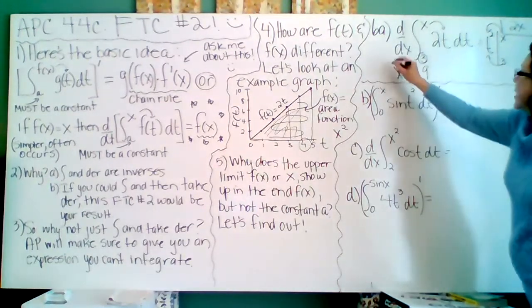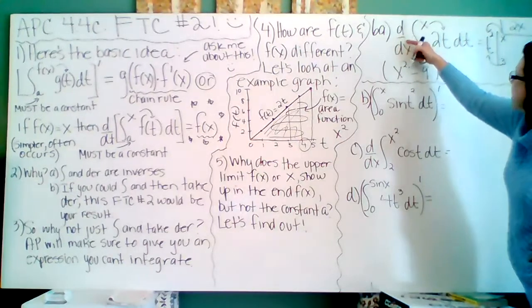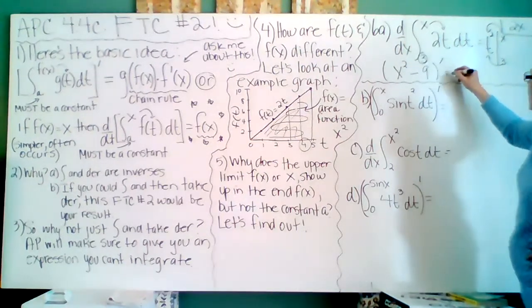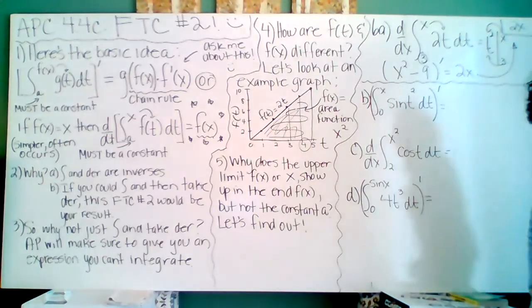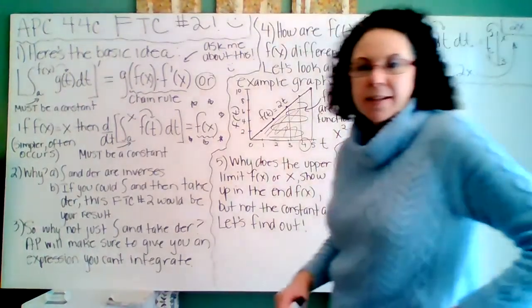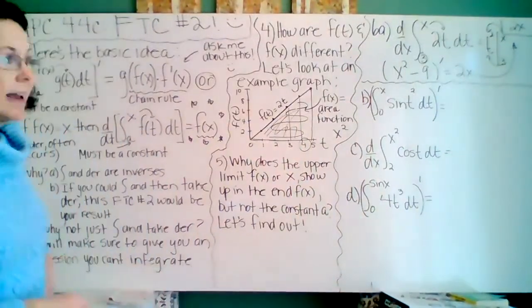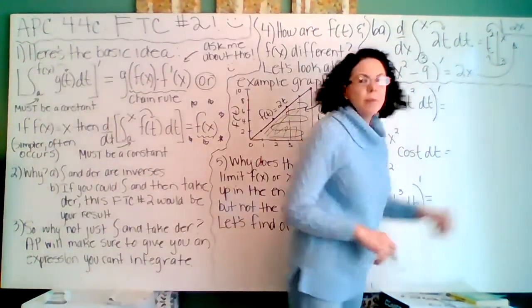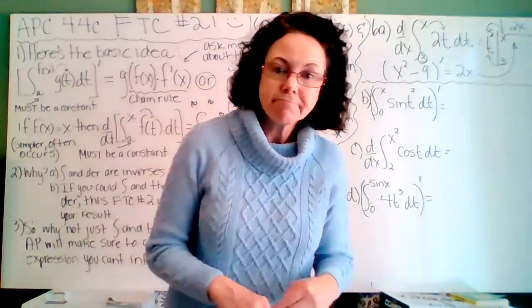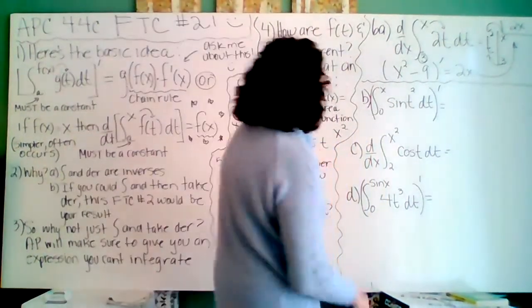There's the integral. And now I have to take the derivative with respect to x, and I get 2x. There we go. So in fact, the FTC does work in that case. Notice that this lower limit of 3 does not show up in the final answer.